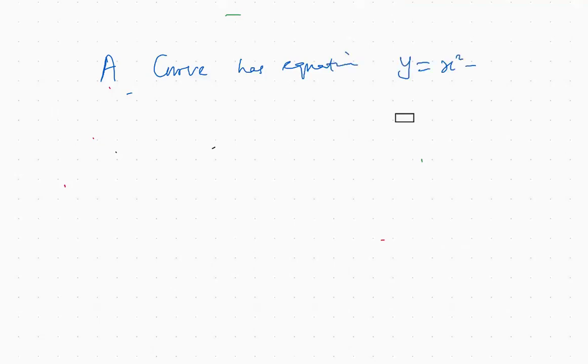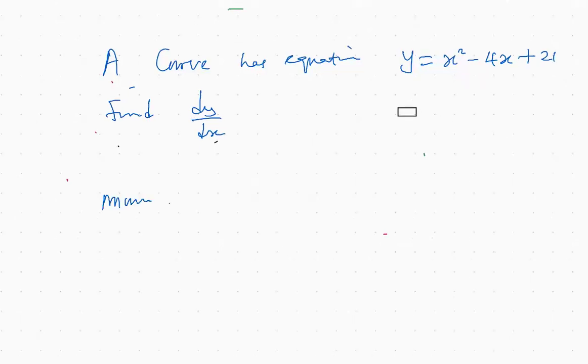Find dy/dx. So just differentiate that. Then find the minimum point. Differentiating this one gives you 2x minus 4.